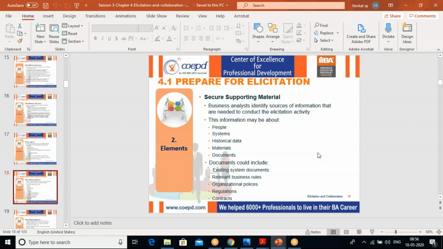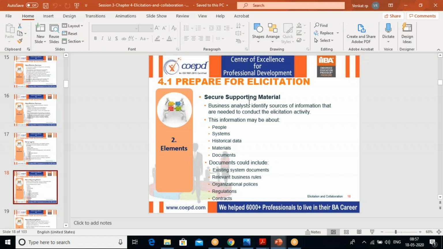Next, documents. If you want to understand what supporting materials we will be getting, it includes existing system documents, relevant business rules, organization policies, regulations, and contracts. All this information will be supporting material for us. Now we have to identify the supporting materials, and for that we have to identify the people, processes, and systems involved, and from them we should secure information about these materials.